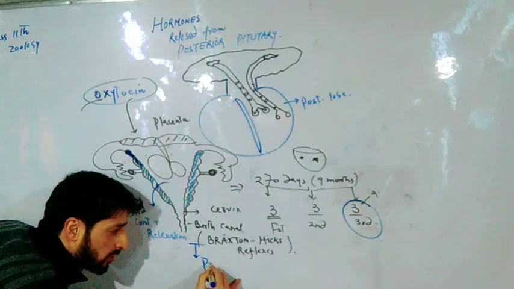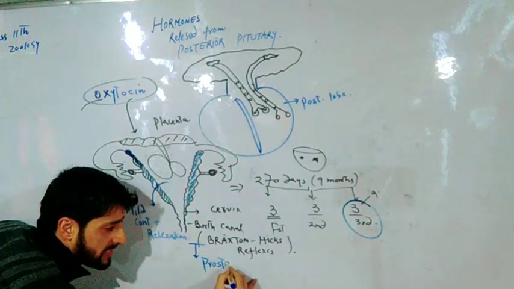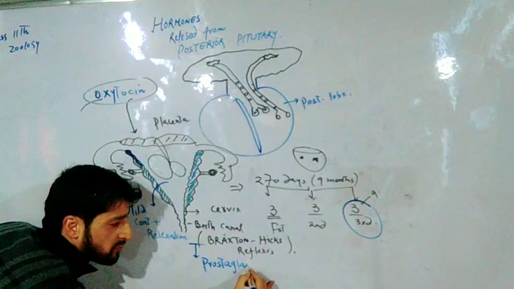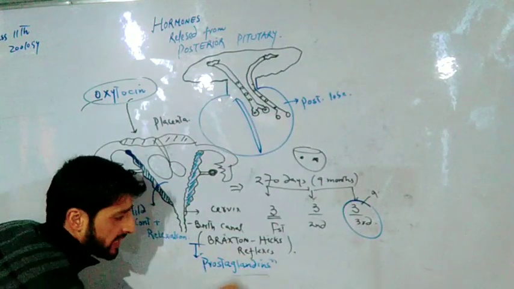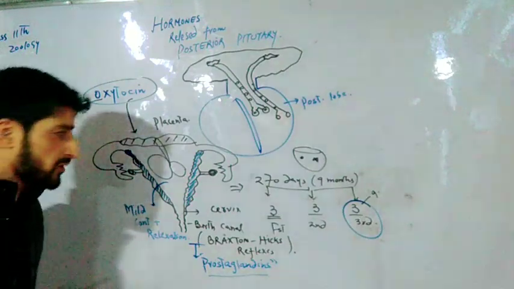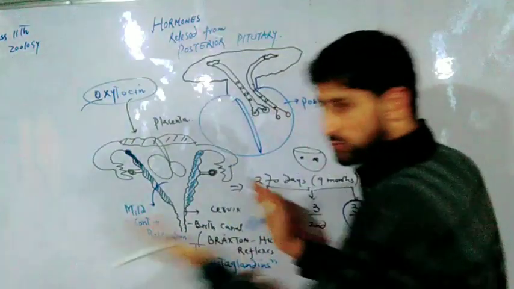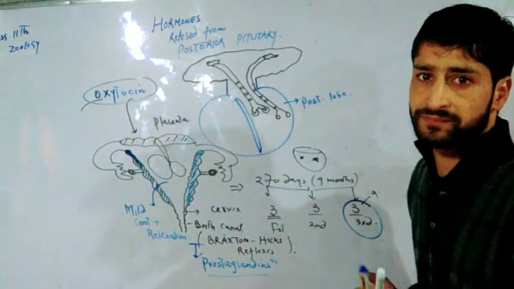These signaling molecules are known as prostaglandins. Special chemicals are produced from the uterus. Due to these prostaglandins, the uterus undergoes vigorous contractions and relaxations.